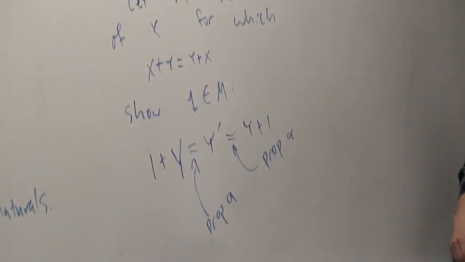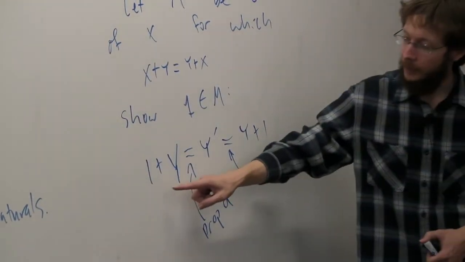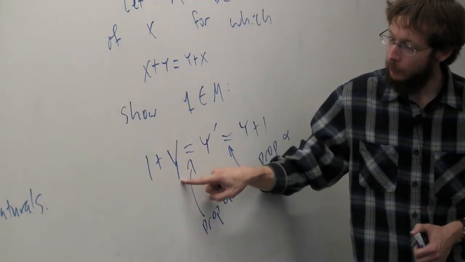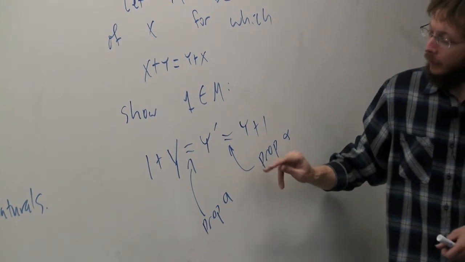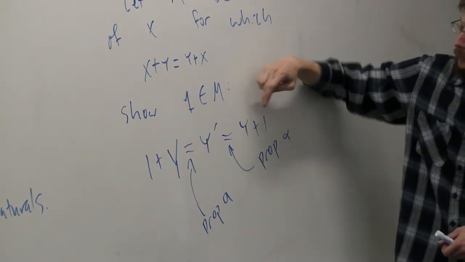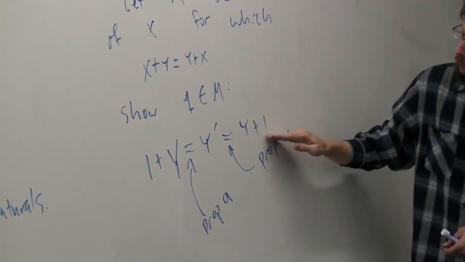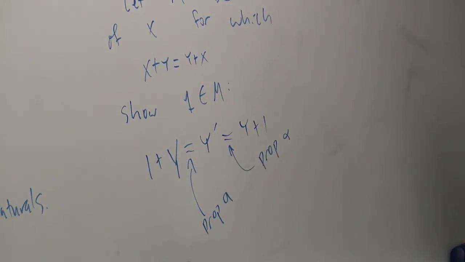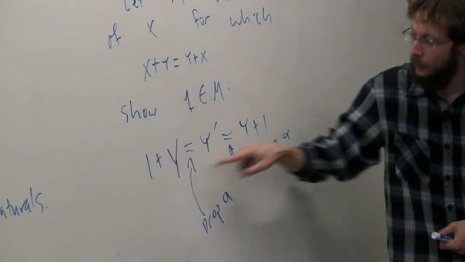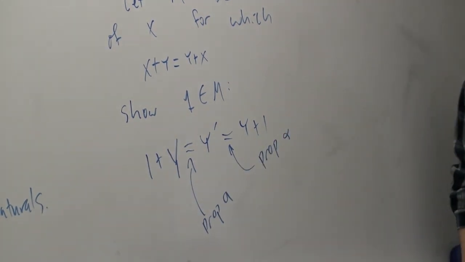So it's a really good habit to get into: write the property that you're using when you use it. Property A says that if you have 1 plus a number, that's the same as taking the successor of the number. Property alpha said that if you have y plus 1, that's the same thing as taking y successor. So each of those equations is justified, and therefore 1 plus y has to be the same as y plus 1.